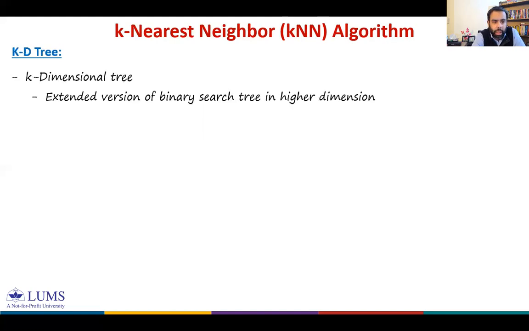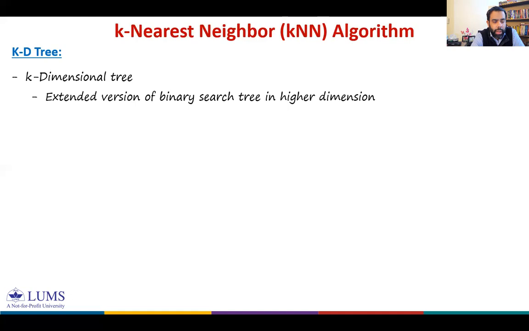The name suggests KD tree corresponds to k-dimensional tree. It is nothing but an extended version of a binary search tree in a higher dimension. In a binary search tree, we construct a tree by splitting data into two halves at the root node and progressing in a similar fashion, and keep on constructing a tree by splitting data at each tree level into two halves.